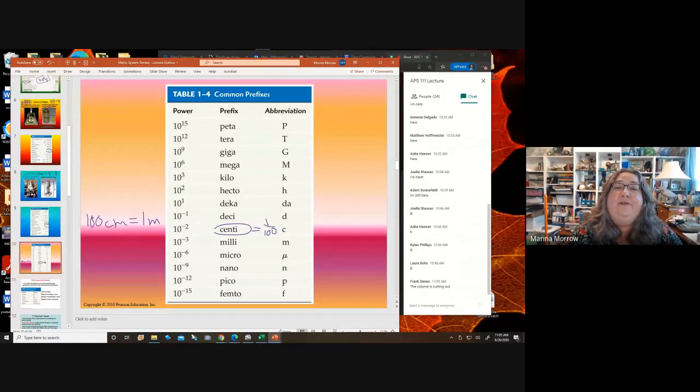But if it's going to work in a formula, for the formulas, you have to have meters. Okay, so sometimes you will have to convert, and I'll show you more on that. But basically, because there are 100 centimeters in a meter, if you only have 80 centimeters, then that's going to be 0.8 meters.